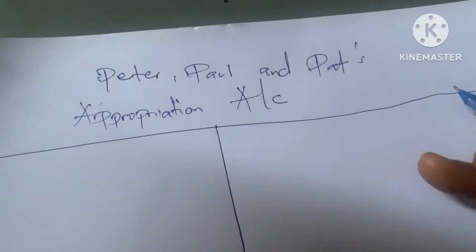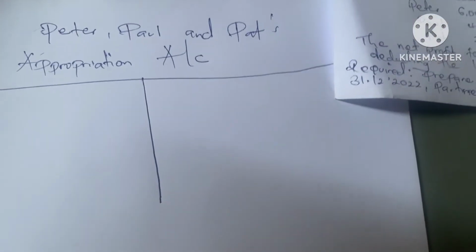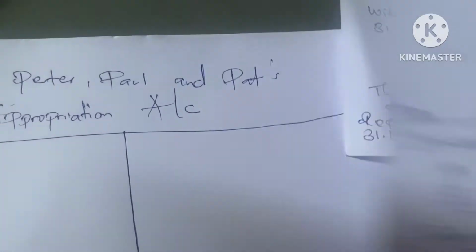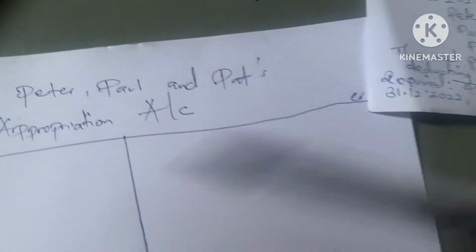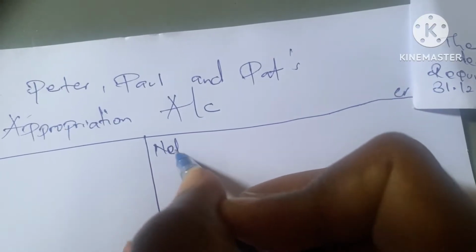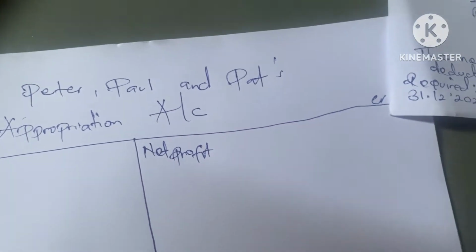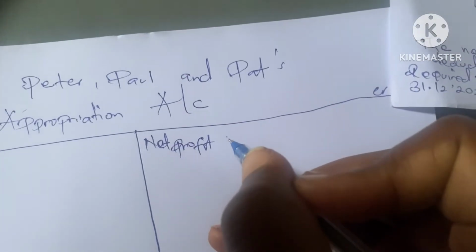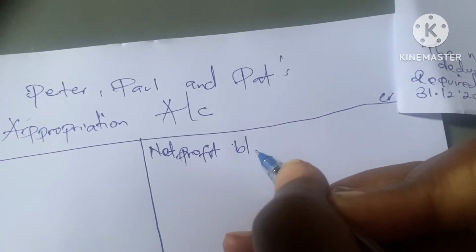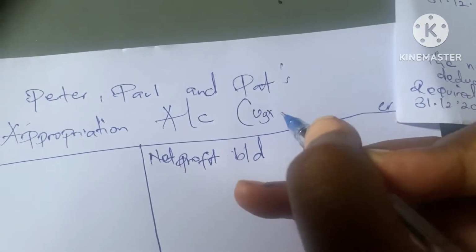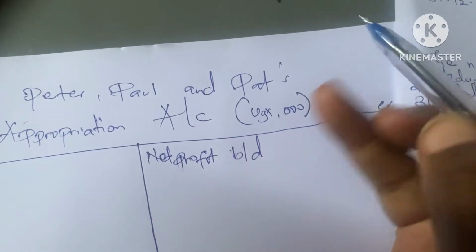Debit, then credit. According to the format, we start with the net profit balance brought down. It is in UGX, in 3 zeros.